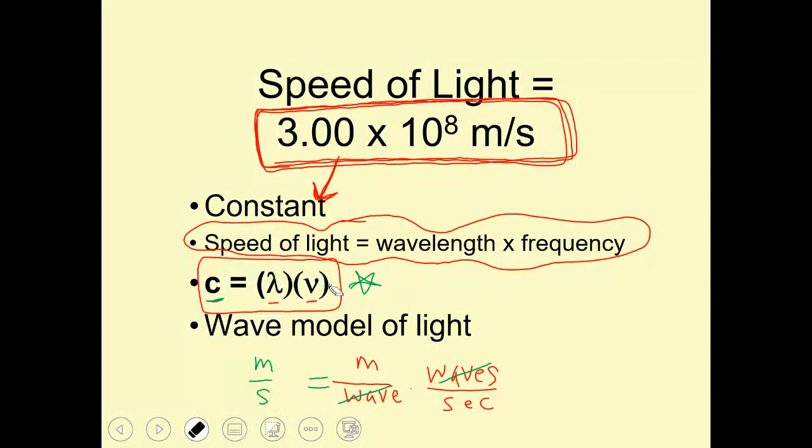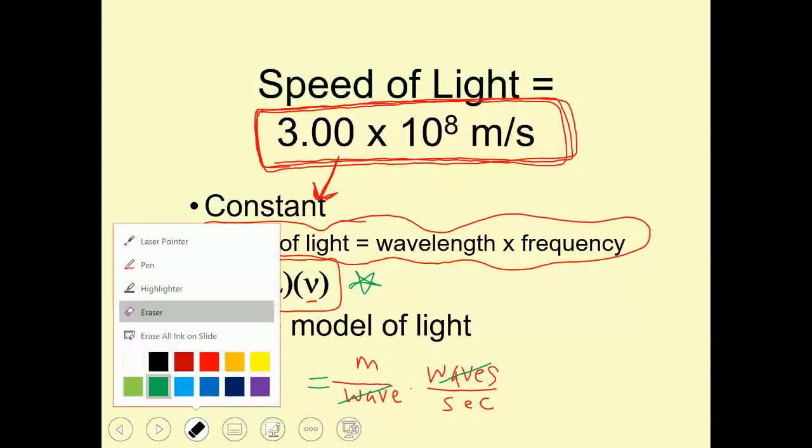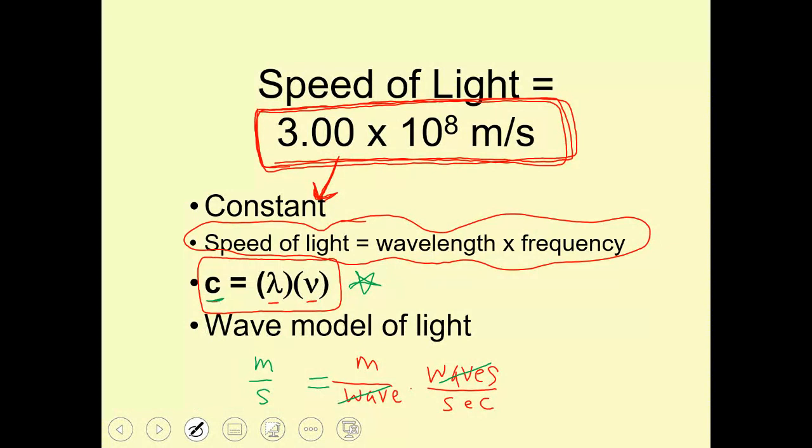And the opposite is true too. As the waves get smaller, they're closer together, so they're more frequent. We'll see that as we look at the spectrum in a little bit, and then we're also going to use that equation to do some calculations today.